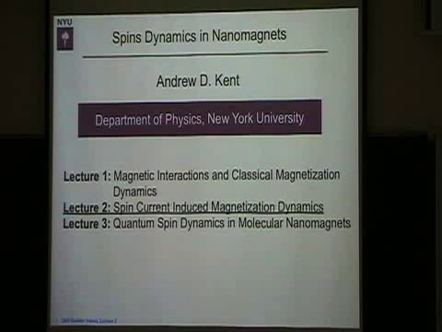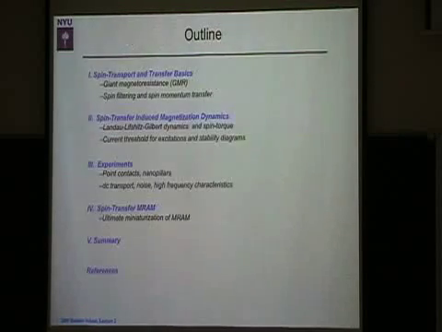Yes. Okay, good. So I'm going to tell you about a way of driving magnets out of equilibrium using currents, spin currents, instead of magnetic fields. This is a really growing area in the investigation of magnetism in small magnets.